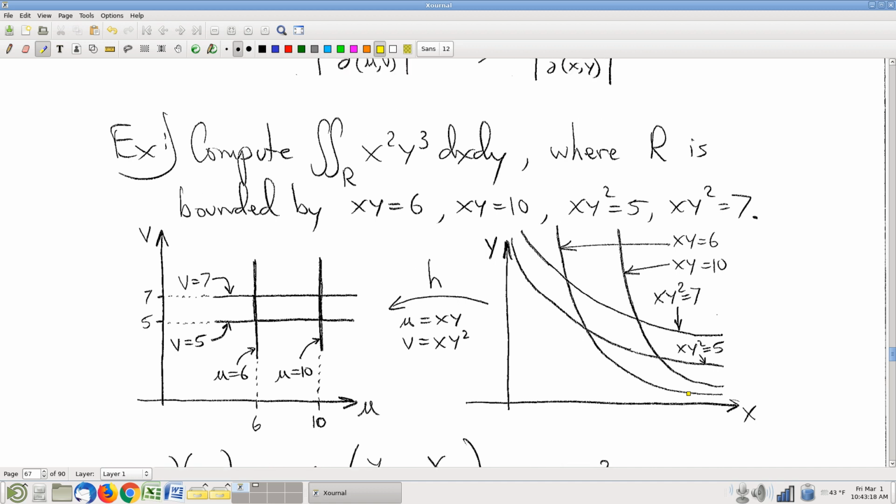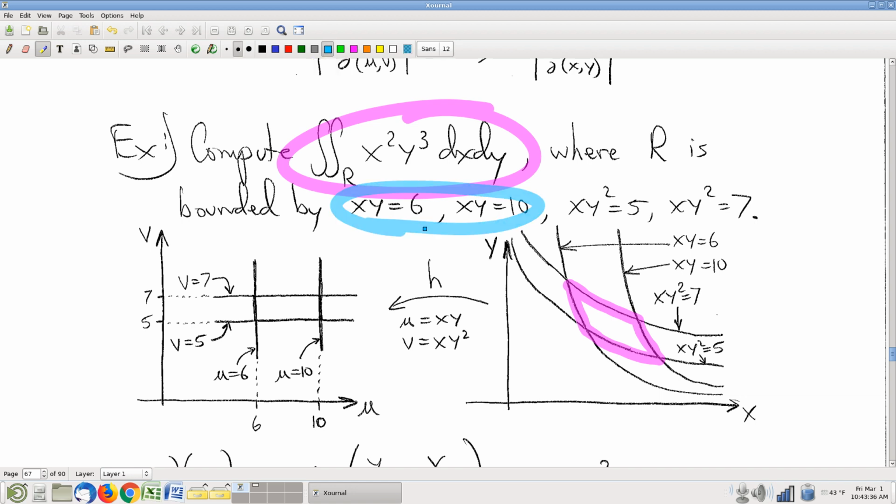Let's consider the following question, which looks very manufactured and arbitrary, but it's not. I'll say a few more words about that. Suppose we're doing an integral on this domain here. That domain being defined by these curves and these curves.